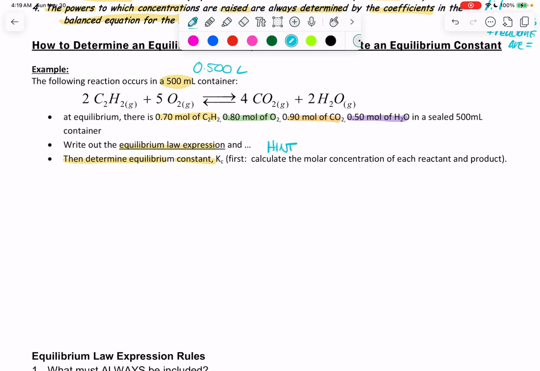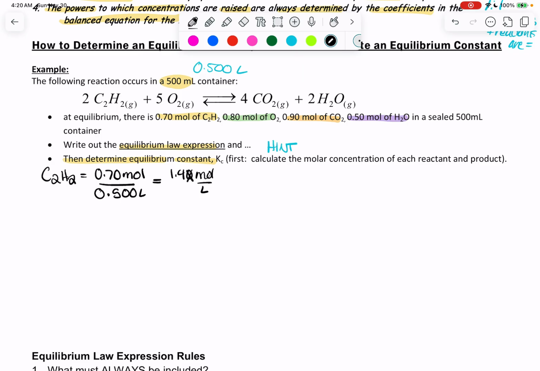So we know for C2H2, I have 0.70 moles, and I am dividing that by the volume of the container, 0.500 liters to give me 1.40 moles per liter. Actually, it's only one significant digit, so I dropped that second zero.